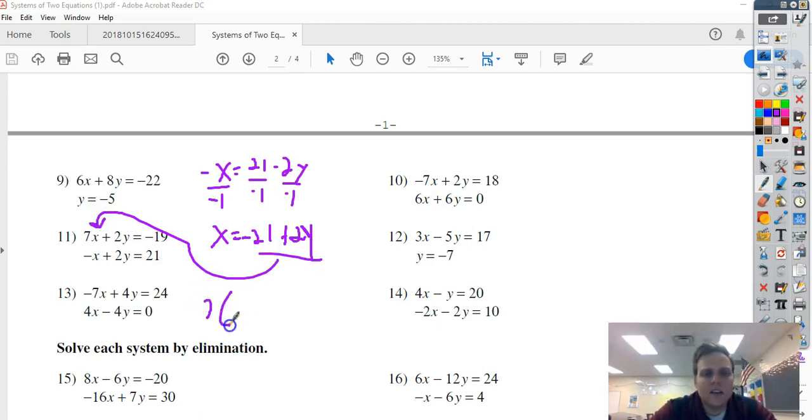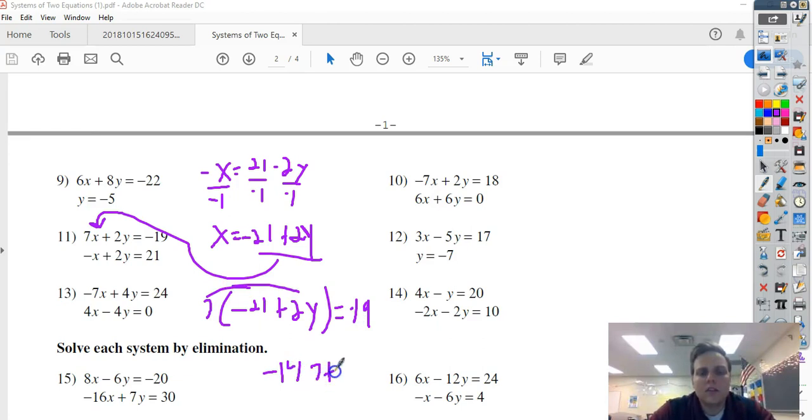So you say 7 times negative 21 plus 2y is equal to negative 19. Multiply the 7 in, so that gives you negative 147 plus 2y, I'm sorry, minus, that's going to be something different, because I have to distribute the 7 to it. 7 times 2y is going to be a positive 14y is equal to negative 19.